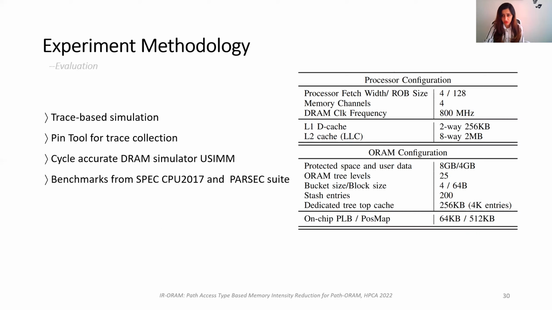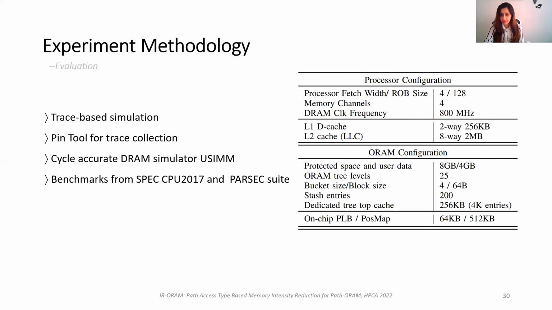For the evaluation, we use a trace-based simulation. We collected traces using the Pin tool on SPEC and PARSEC benchmarks. The table shows the system configuration. We used a 4-issue wide out-of-order processor with 4 memory channels and a 2 megabyte LLC.